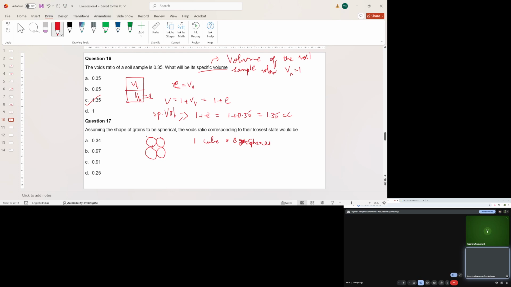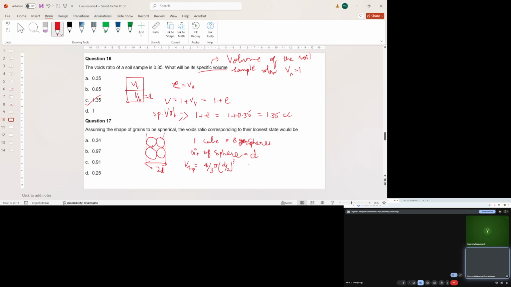Now the side of the cube is going to be 2d, taking the diameter of the sphere as d. Volume of a sphere is 4 by 3 pi (d by 2) cube.